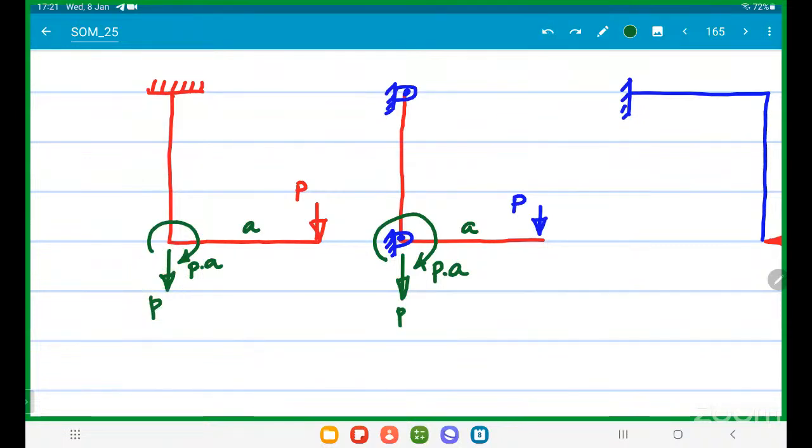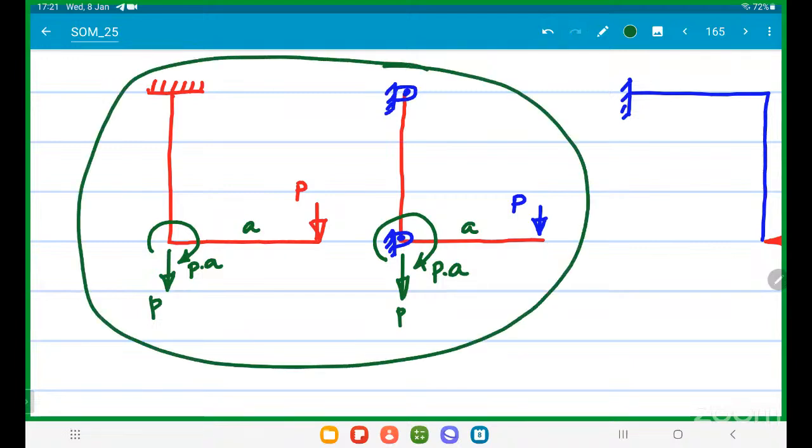So in both cases, we are assuming that the horizontal member is a cantilever with point load at the free end. Now we are assuming, based on the previous year keys, that vertical members are subjected to how many loads?